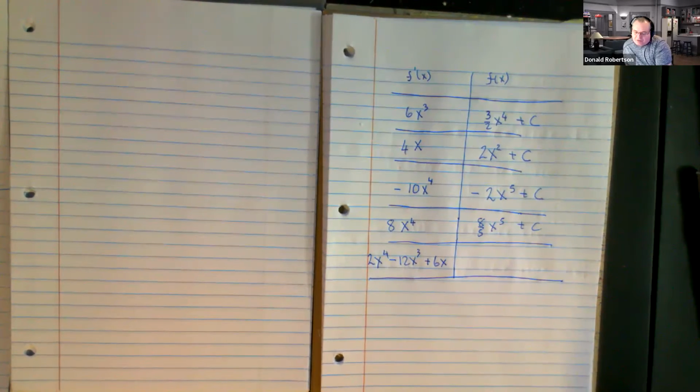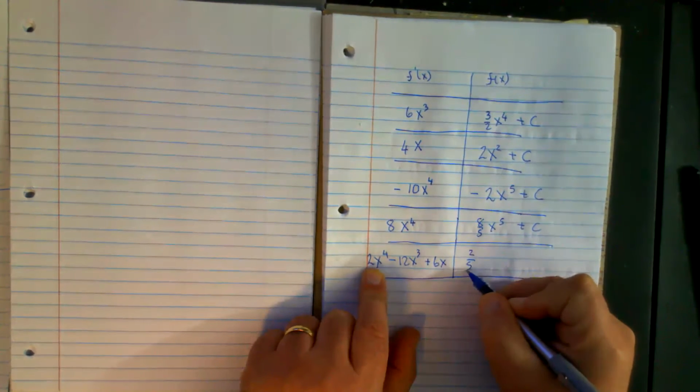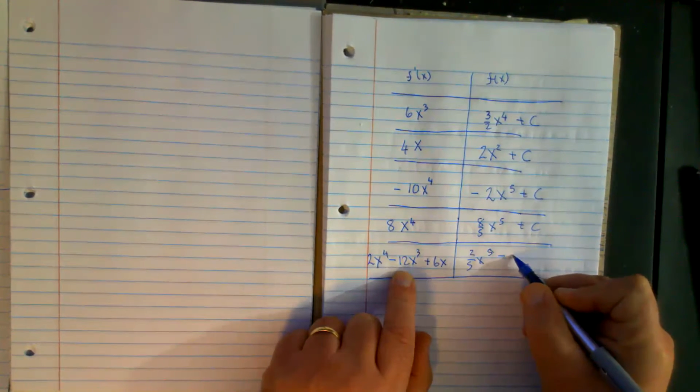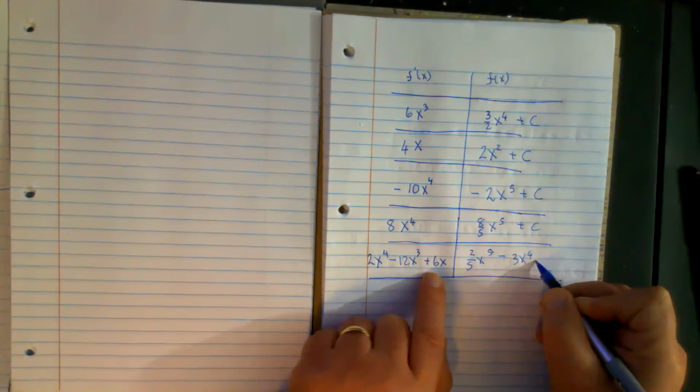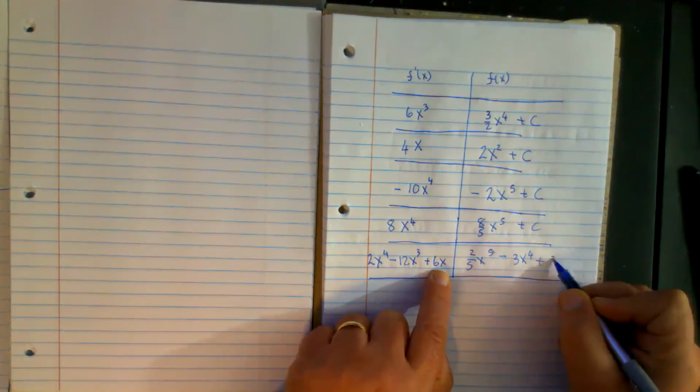Anybody want to have a shot at this one? 2/5 x to the 5th minus 3x to the 4th plus 3x squared.